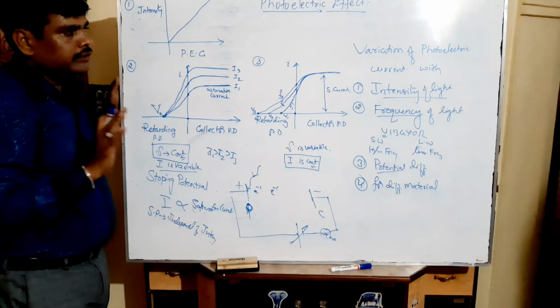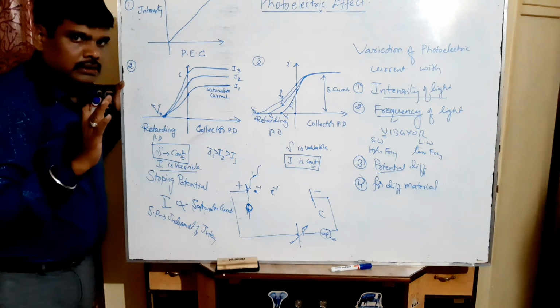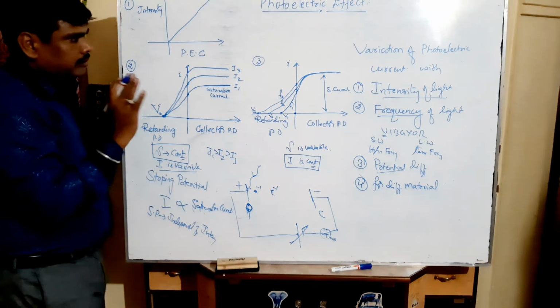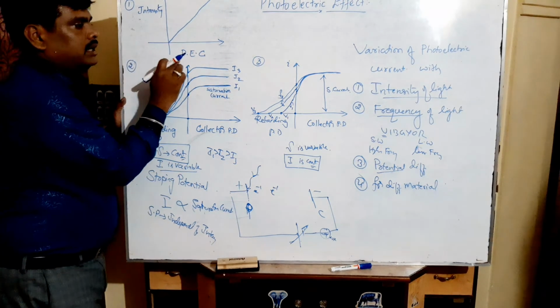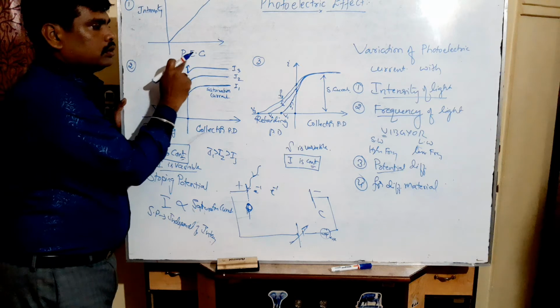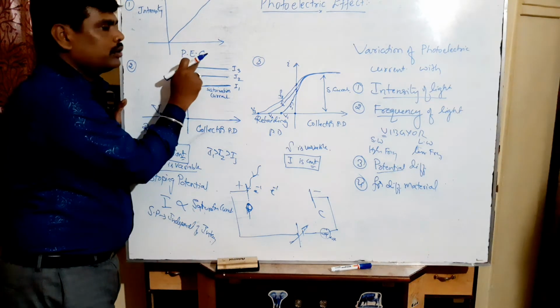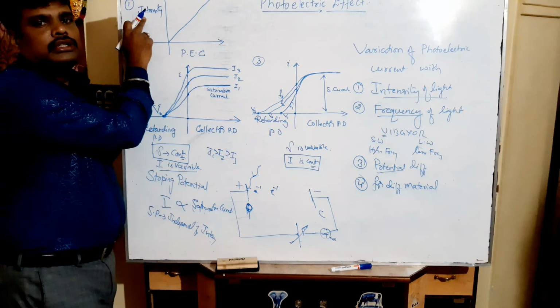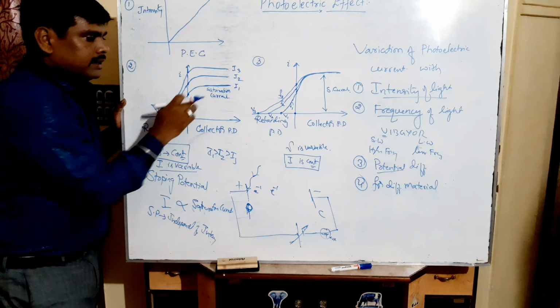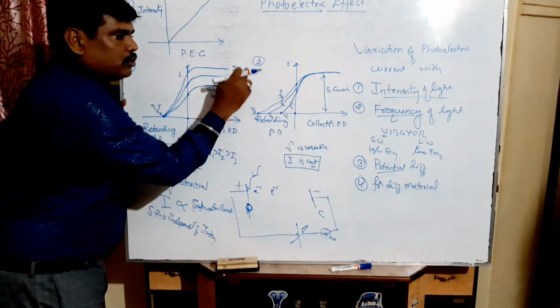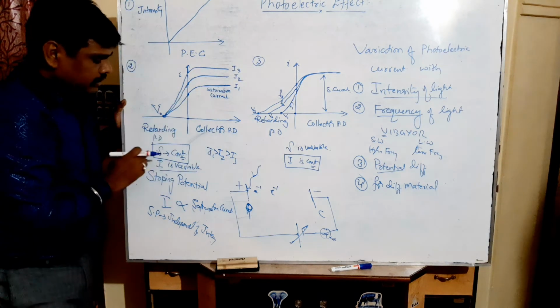So without confusion, you have to understand. I want to repeat that once again. Intensity is directly proportional to photoelectric current. Second, saturation current is directly proportional to intensity at constant frequency.